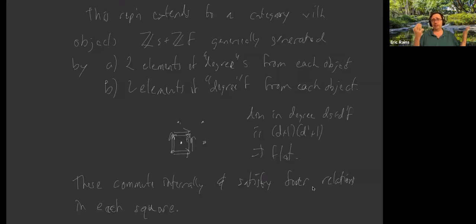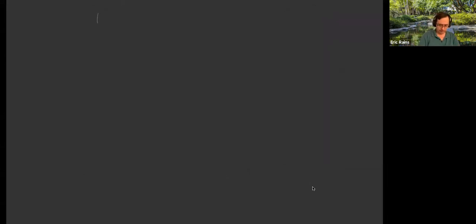And so using this, you can define in this elliptic setting a category that deforms the category of line bundles on a commutative surface. So in the end, we get a category with objects.